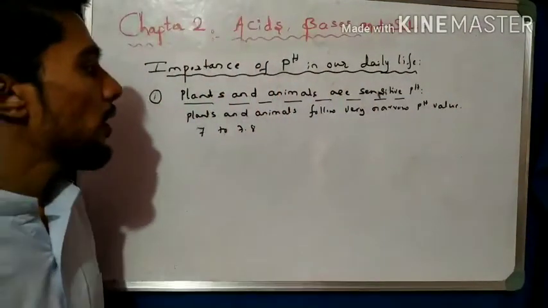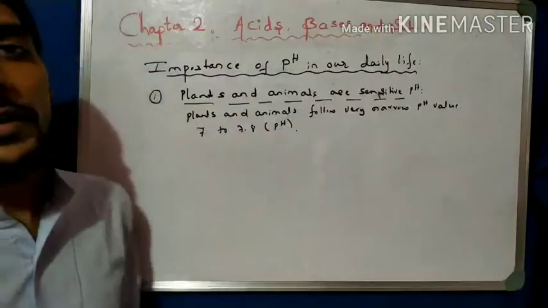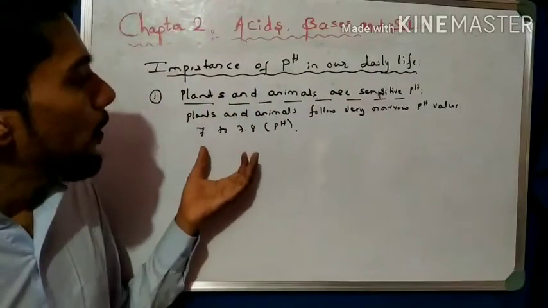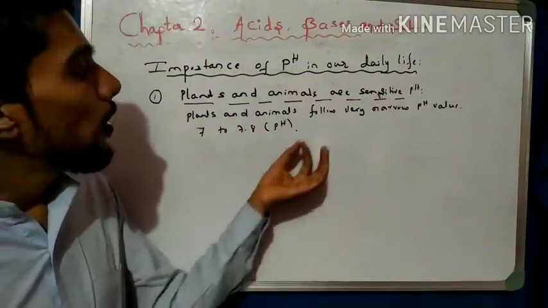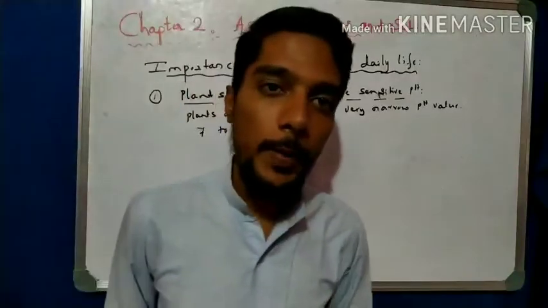In that range the organisms require the pH, and that pH is fit for the organisms, from 7 to 7.8. Thus that type of pH is very helpful for the plants and the animals to work properly, right?